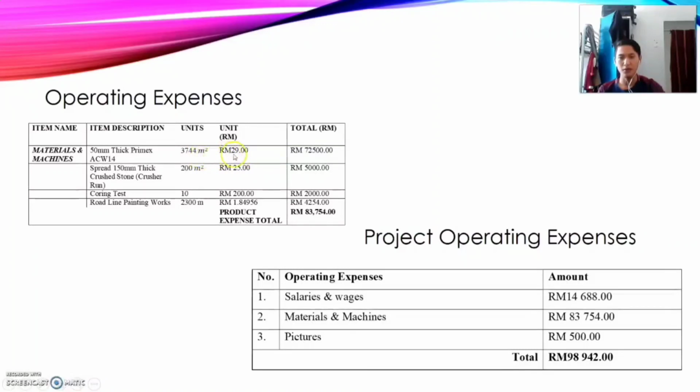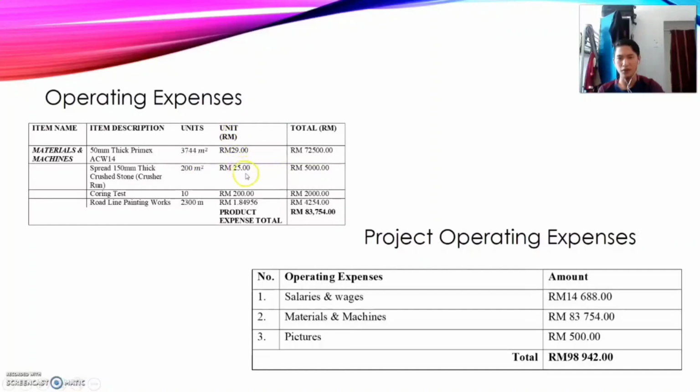When we multiply it, we got 72,500 ringgit.